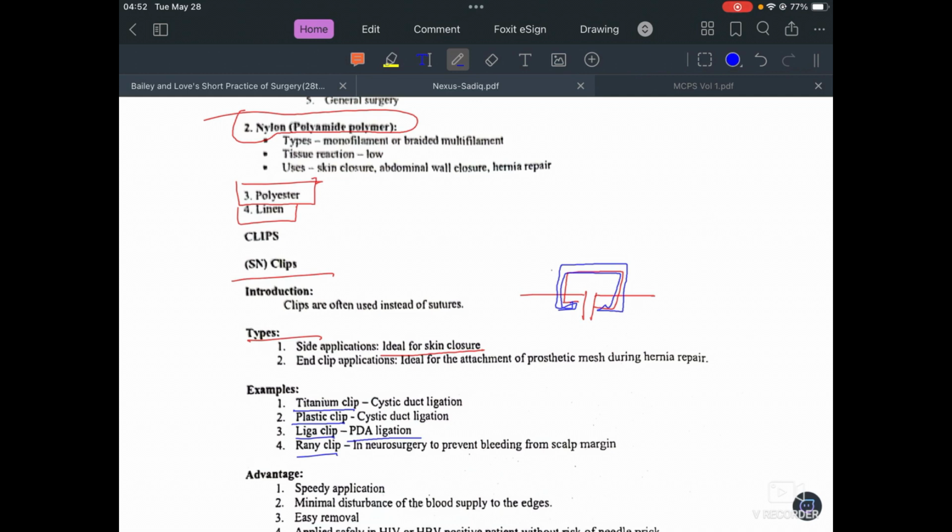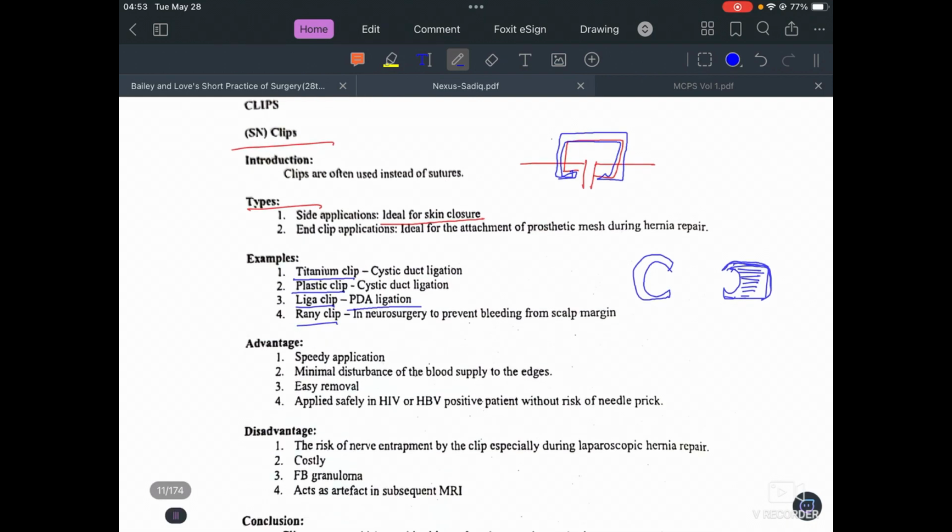Okay, so there is a plastic, this kind of clip is necessary to prevent bleeding from the scalp margin.